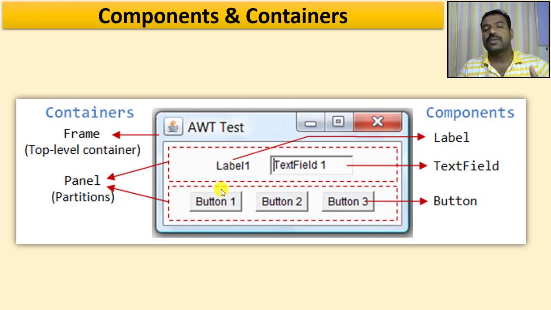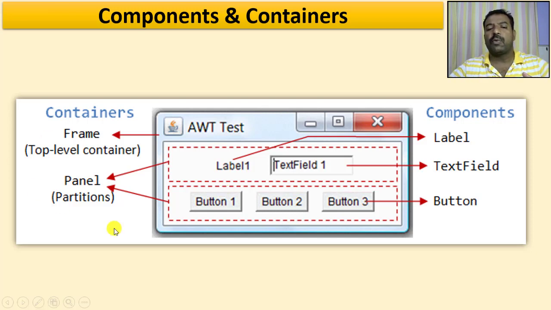The container is the one which gives me the space, and the component is the one which makes use of this space. To add component 1, component 2, and so on, I can add n number of components. Hence I can say a container will group n number of components.